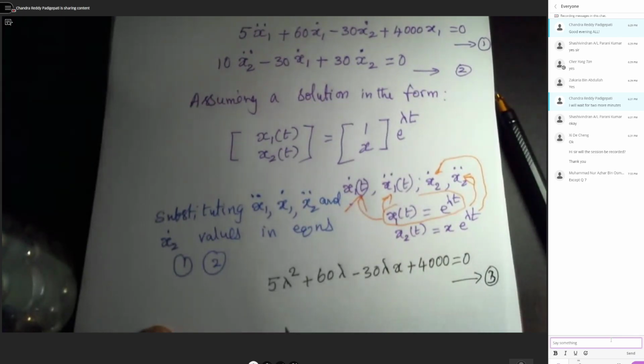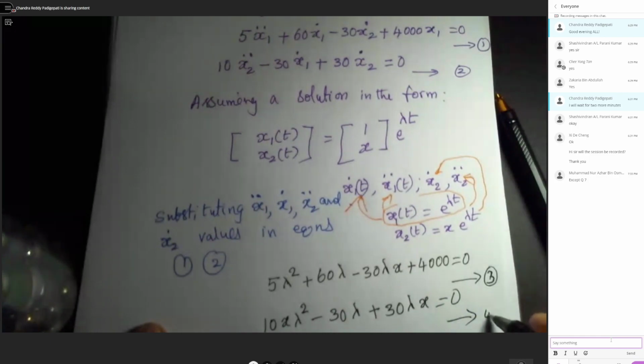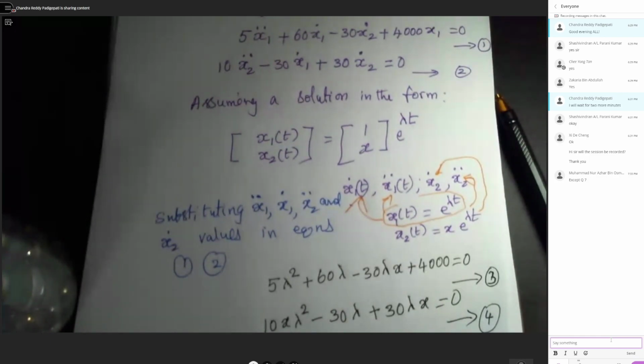We call this equation 3. Then the second equation becomes 10 X lambda square minus 30 lambda plus 30 lambda X is 0. So your fourth equation will be like this.